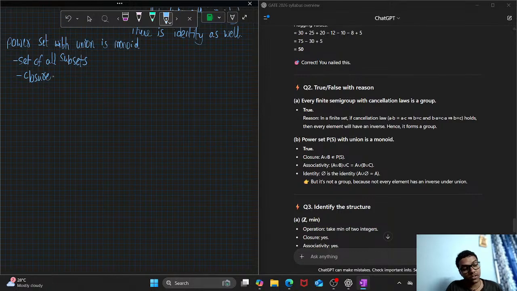So how is it closure? A union B is a set in the power set. Okay, that's why we're saying union, right? Associativity applies to union.